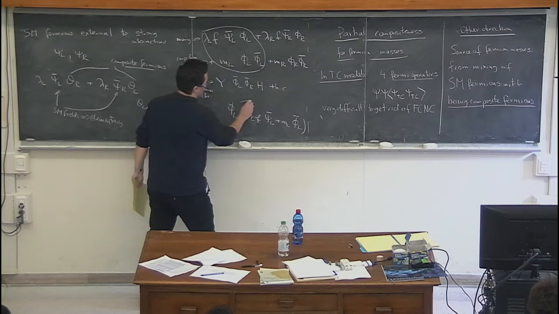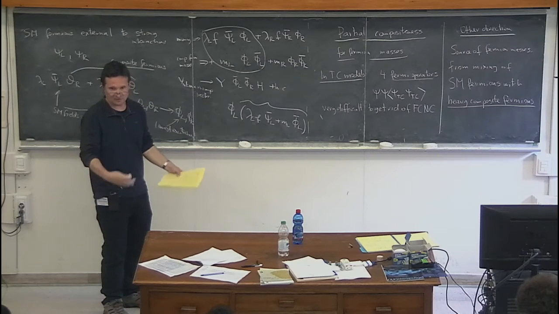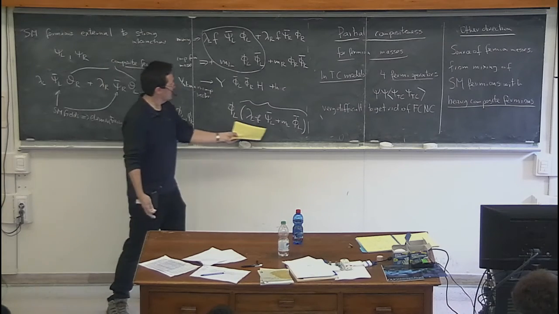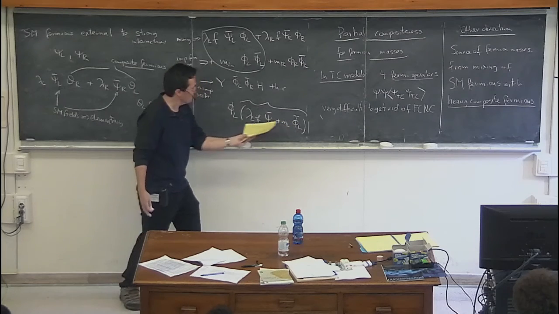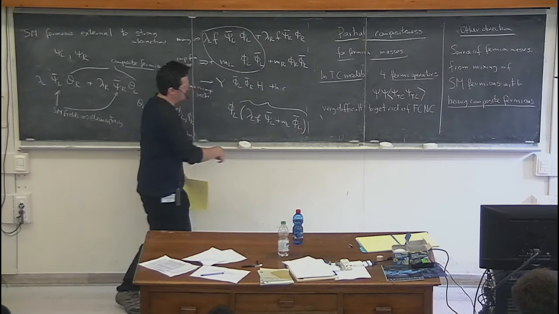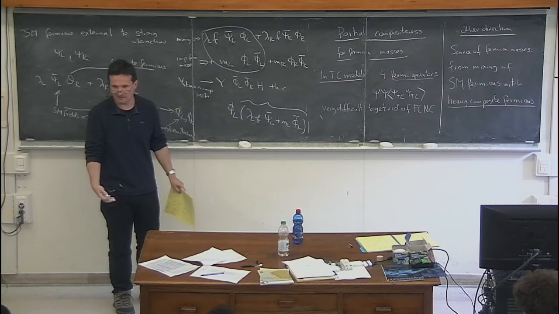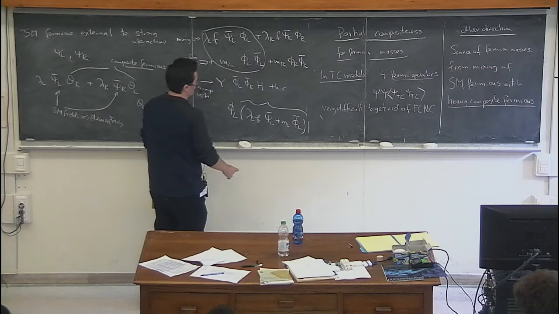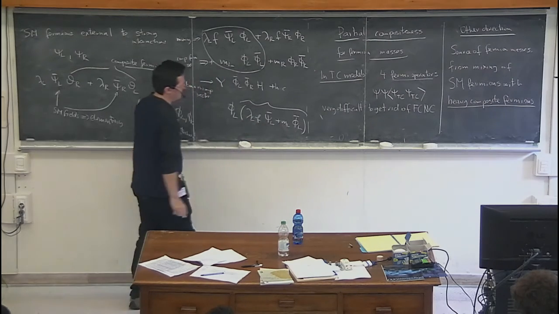This object here, this beast, you will identify as a true heavy field, which is now mainly made out of the composite field. But of course, if this lambda is relatively small, it has a small admixture of the elementary field.